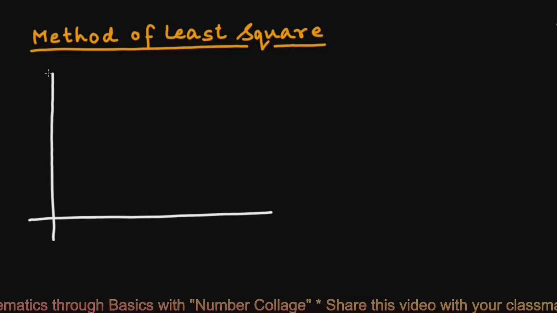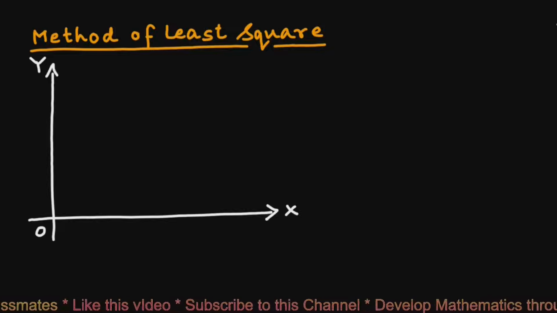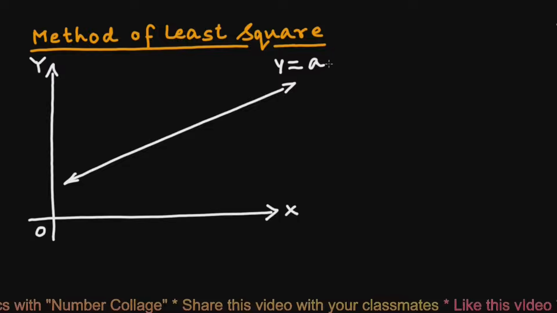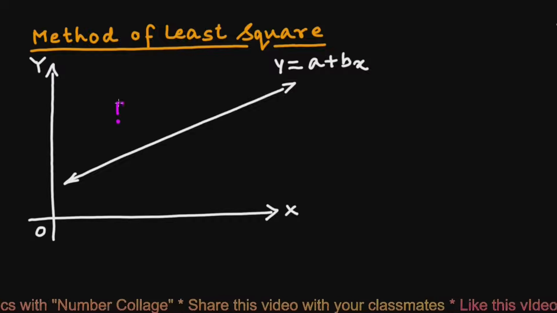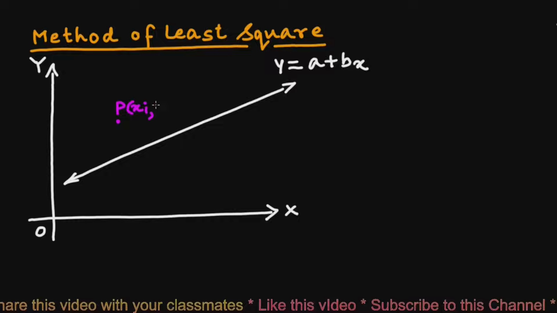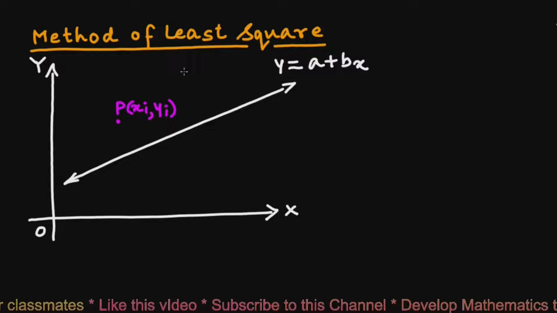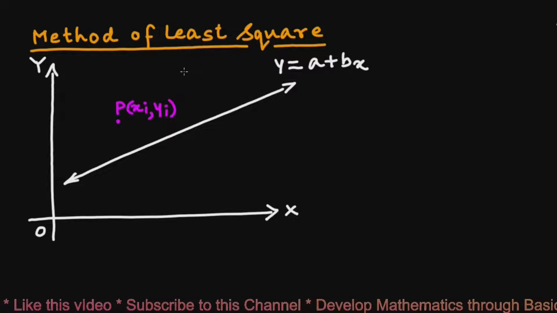In an xy coordinate system, let y equals a plus bx be the equation of the line required. Let P(xi, yi) be any point not lying on the line y equals a plus bx.